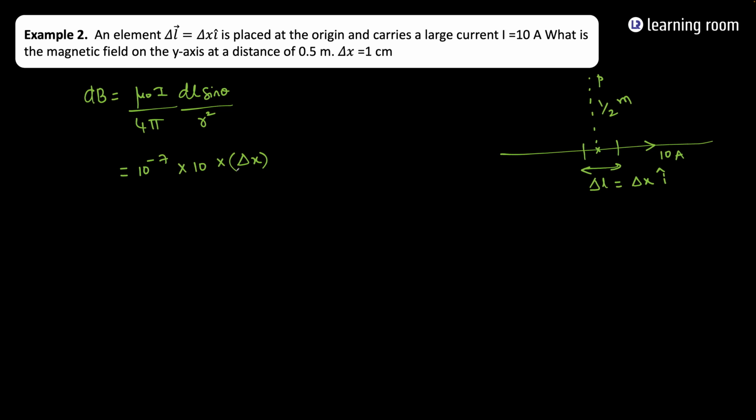So how much is the value of delta x? Delta x is given as 1 centimeter, or it is also going to be 0.01 meter. 10 power minus 2 meter, no? So I'll deal it as 10 power minus 2 itself.